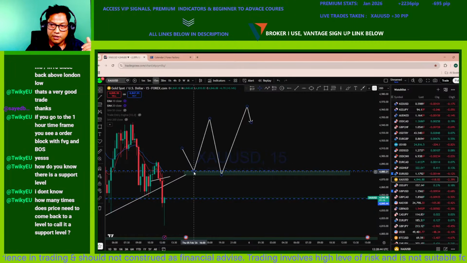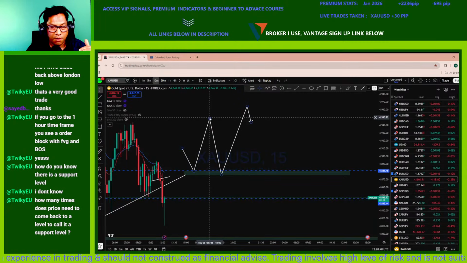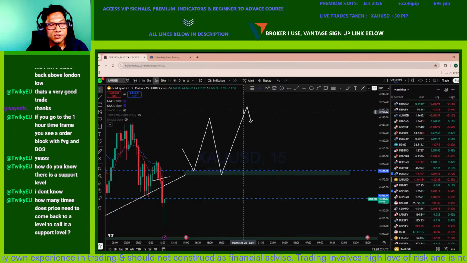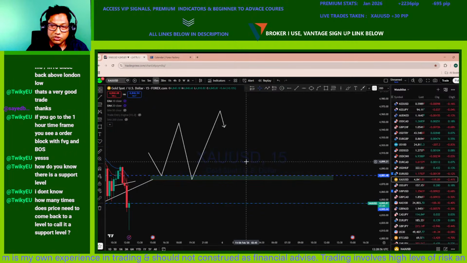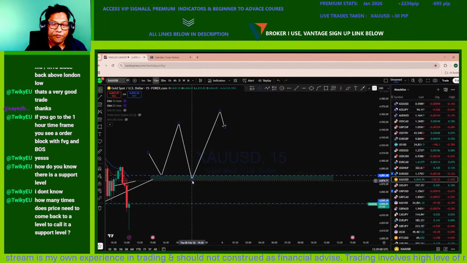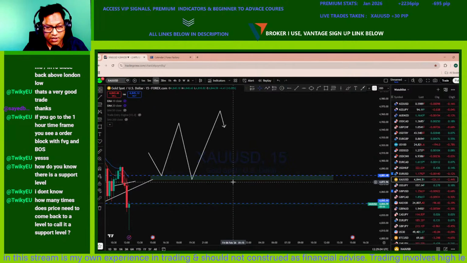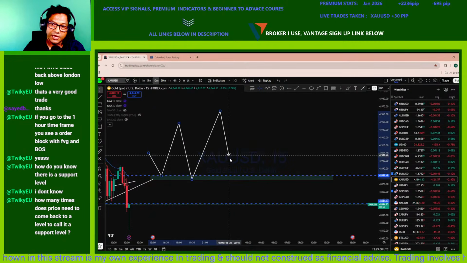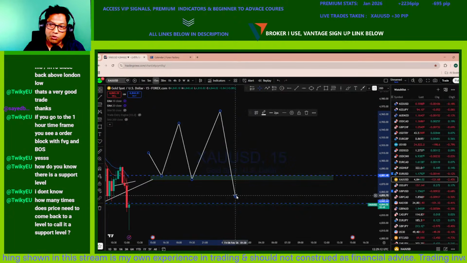Most traders will consider it a demand area because in the past twice the market has come there, gone up, and again the price dropped there and gone up. That means this is a level where the buyers are interested to buy, but this will be a demand area only as long as it creates a false breakout. That's where you will consider it as demand.